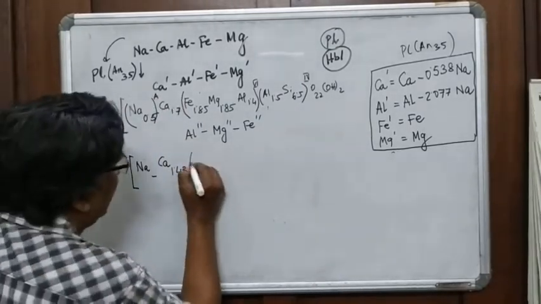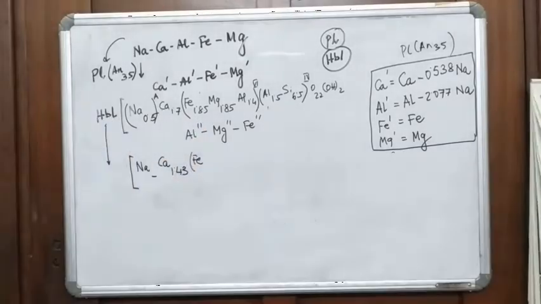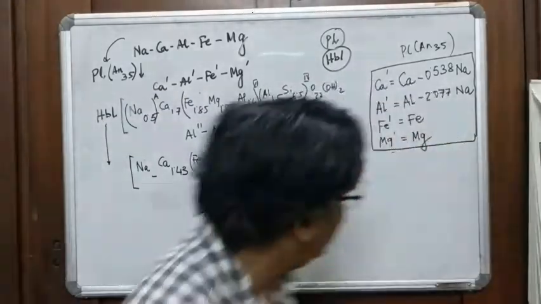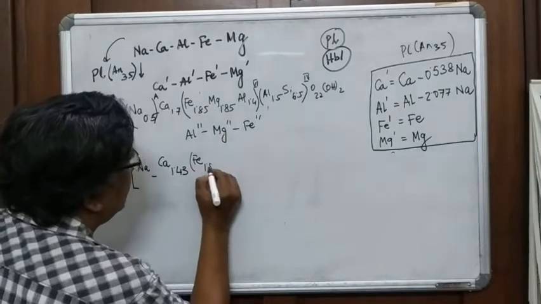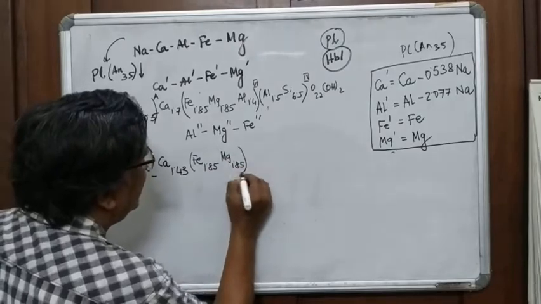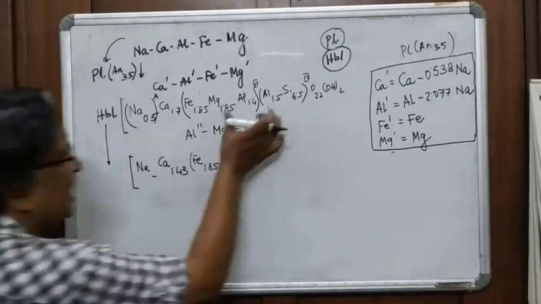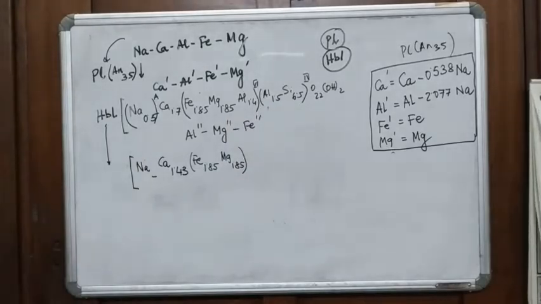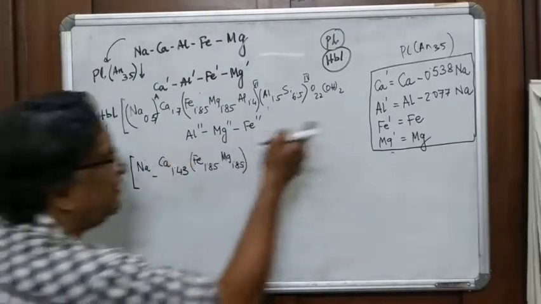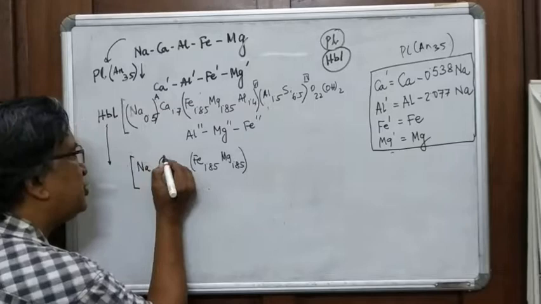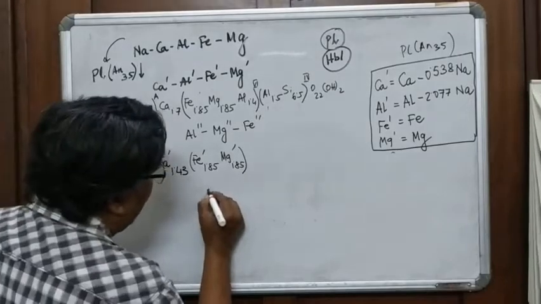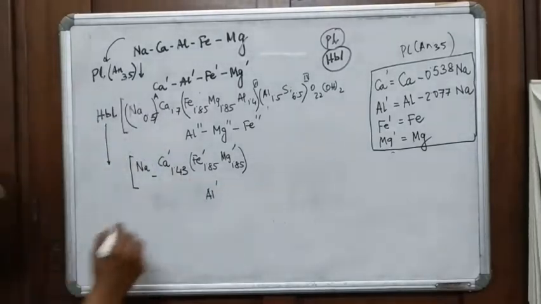Now let's see, if we go to Fe, 1.85 remains 1.85 because in plagioclase there is no iron removed. So your Fe remains 1.85, your magnesium remains 1.85, and what I did was, I clubbed the total amount of aluminium, which is 2.9 here. So what will be the new aluminium value? I think I should write Ca prime, Fe prime, Mg prime. Now I have Al prime. What is Al prime now?